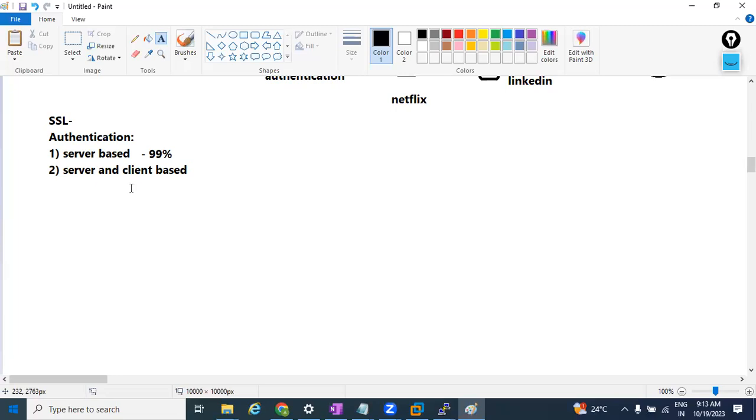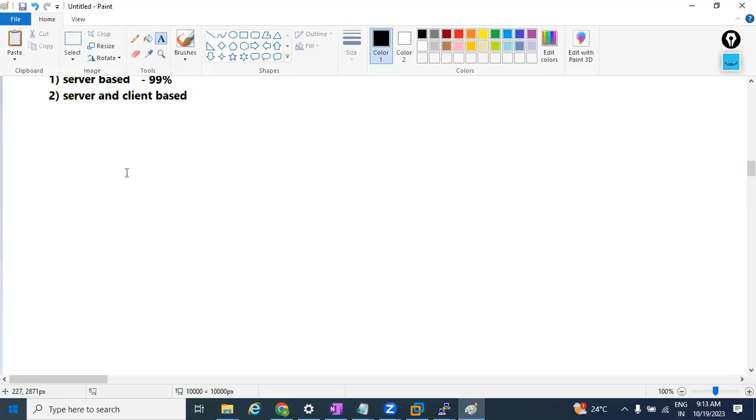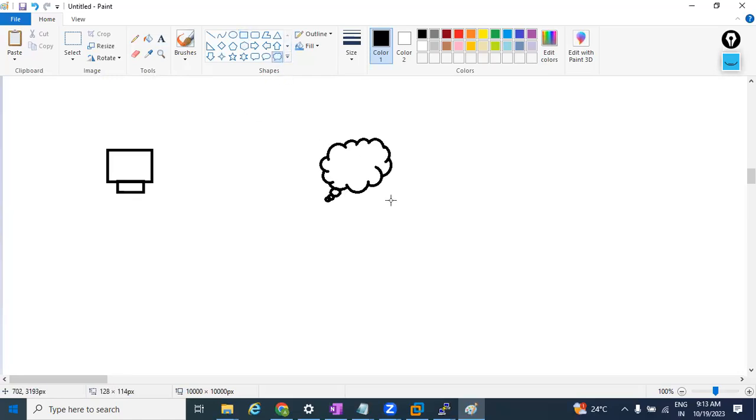So we have server-based authentication. First of all, we are going to talk just about authentication, using a normal example like google.com and Netflix. So I'm going to talk about server-based authentication. This is my PC, internet, Netflix.